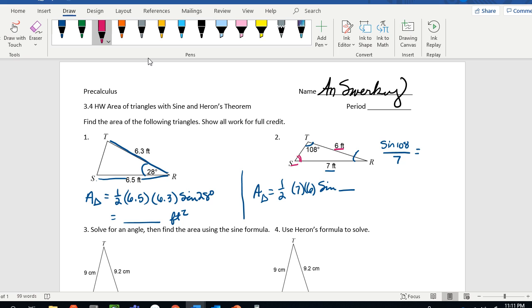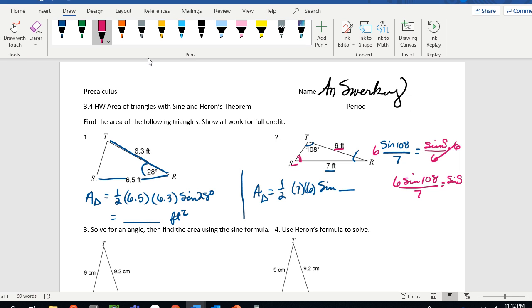So I have to put sine of S over 6. All right, so if I want to get sine of S by itself, I multiply each side by 6. What's on the bottom? Okay, and this leaves me 6 sine 108 over 7 equals sine of S.